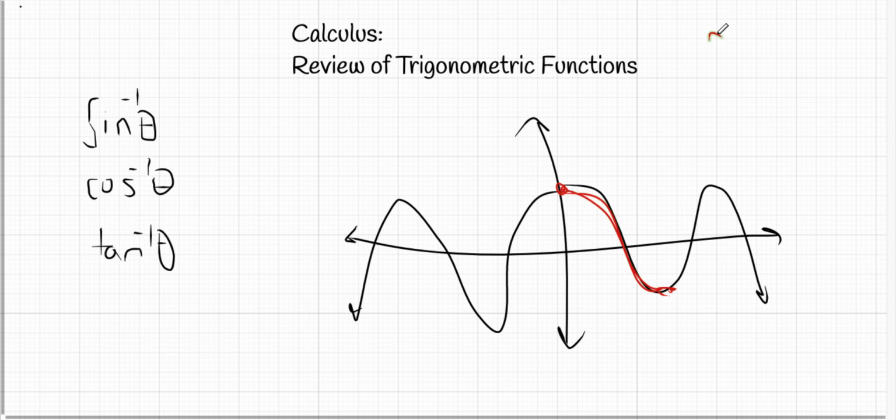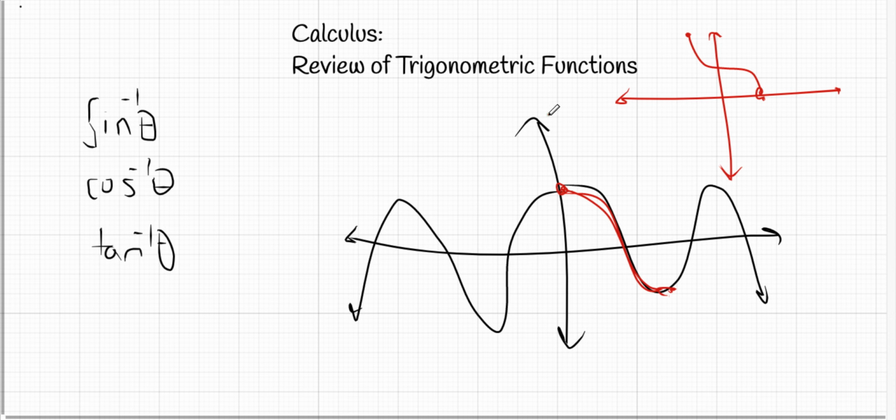And the inverse graph would look like this. That's sort of how inverse cosine as a function would look. Remember, you can extend it, but it won't be a function, so we can't really do that right here.